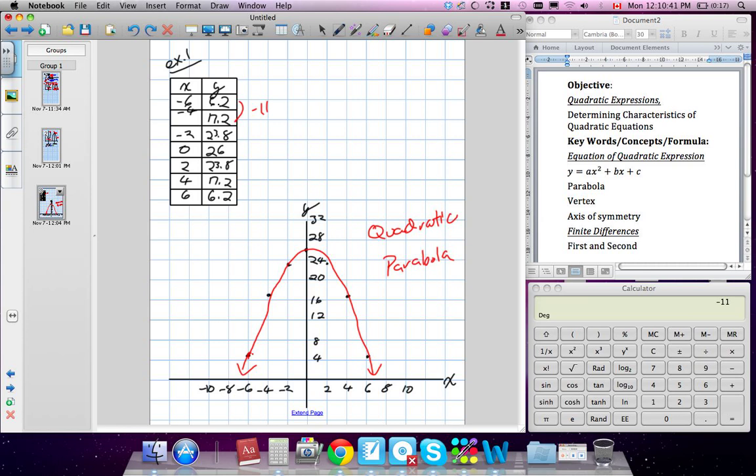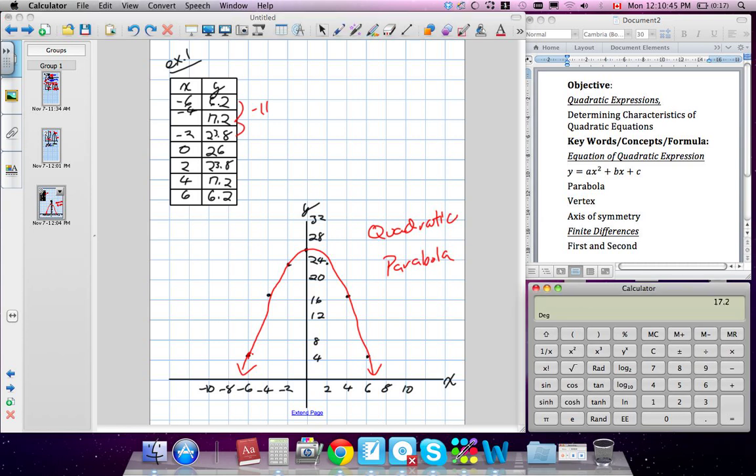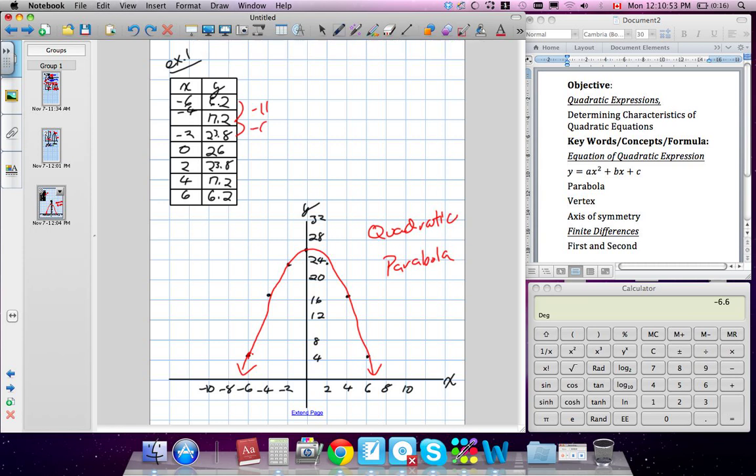Our next set, I'm going to take 17.2 and subtract 23.8, negative 6.6. Okay. Now, I want you guys to notice, I took the top number, subtracted the next one. Then I took the top number again, subtracted the next one. Keep that same pattern. Don't jump from the bottom one to the top to the bottom, because you're going to mix up your positive and negative signs.